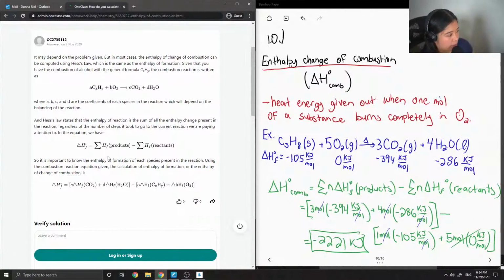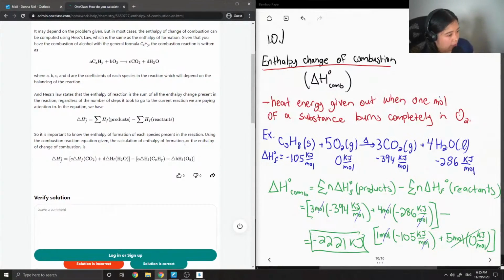So it is important to know the enthalpy of formation of each species present in the reaction. Using the combustion reaction given, the calculation of the enthalpy of change of combustion is the following. So you can see how they showed that you need to put the number of moles into account when you need to calculate for the enthalpy of formation.